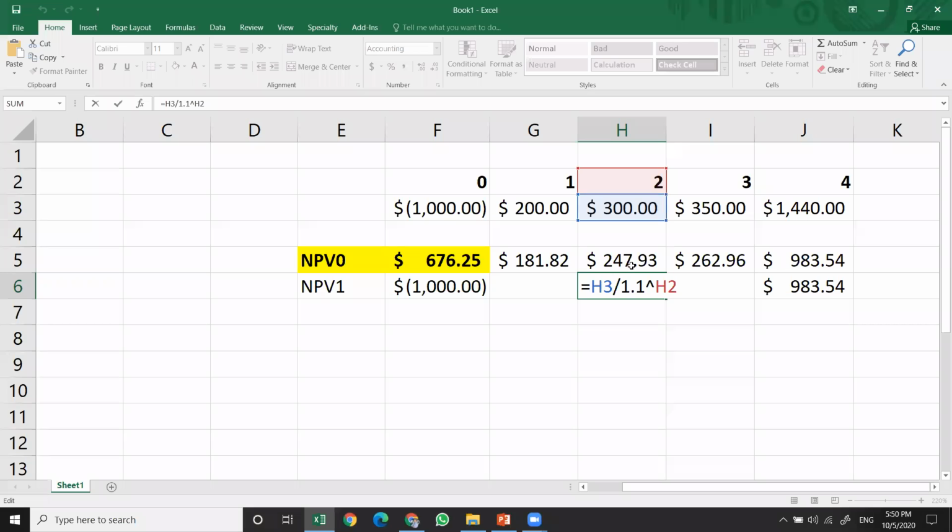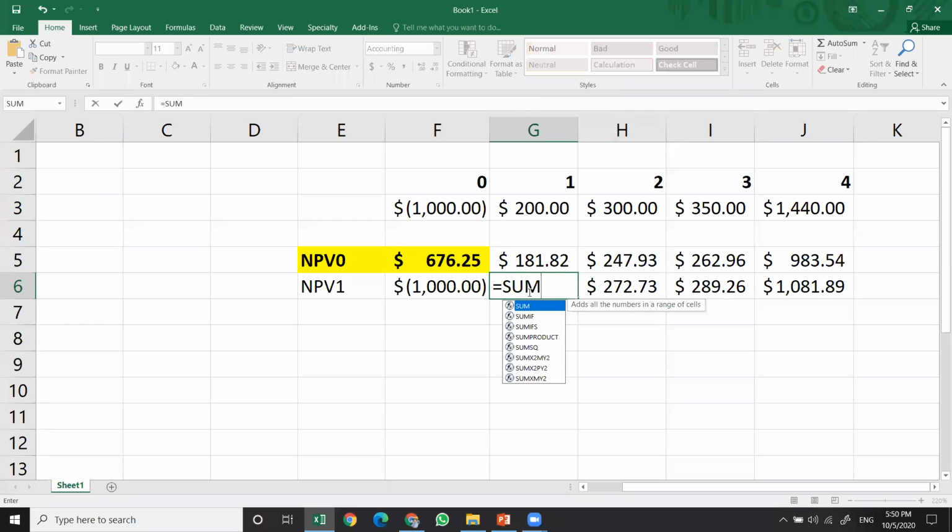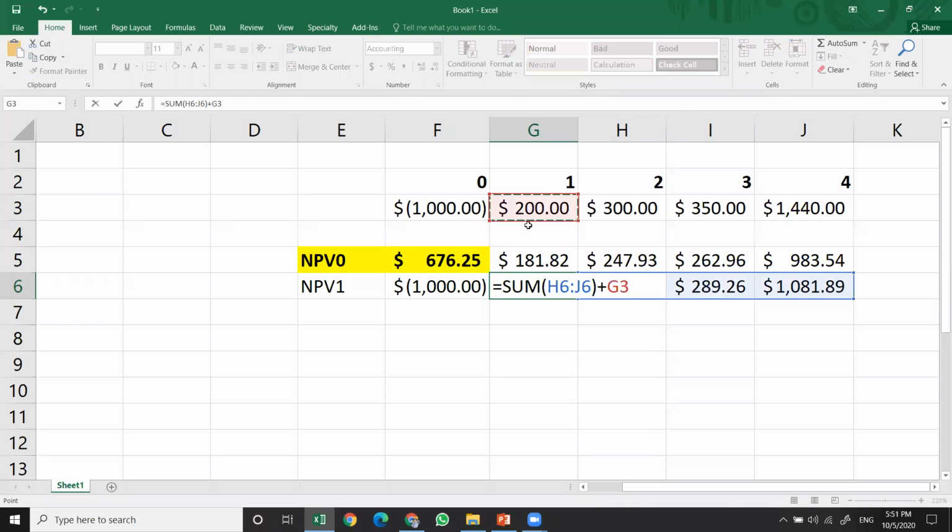So which means this move here by calculation. So my NPV calculation will be here. So sum this plus 200.